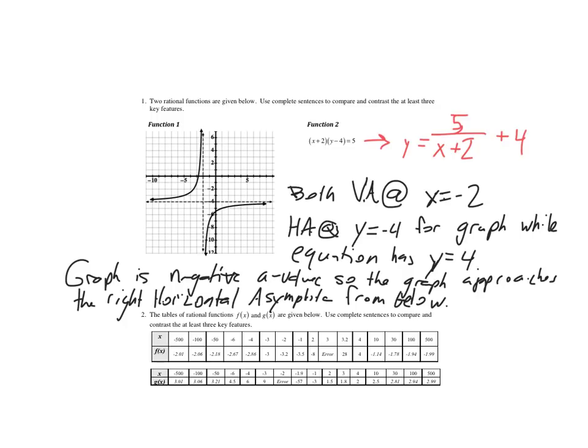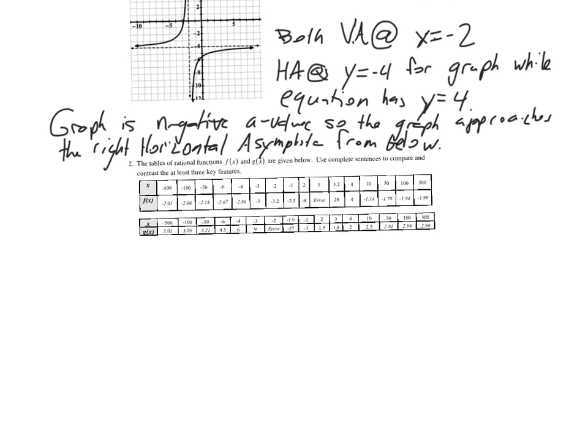The equation is going to approach it from above on the right horizontal asymptote. So I would write that, but I ran out of space. So make sure that you're following along with that and filling that in. I planned poorly for the amount of space that I needed for this.